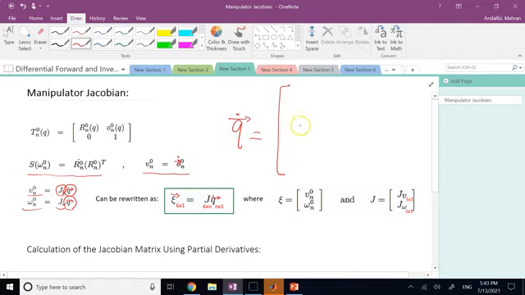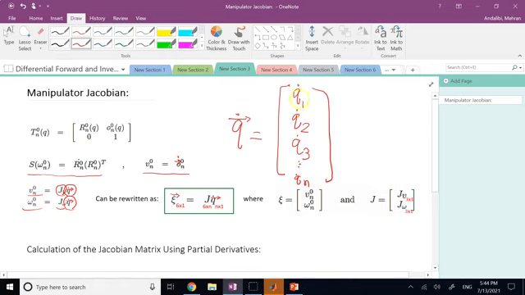Instead of calling them theta and d, if you just call all of them q, and you have 4 or 6 or whatever joints, then you have q1 dot, q2 dot, q3 dot, and so on all the way to qn dot, where qn dot is the last joint time derivative. This is that vector q dot.